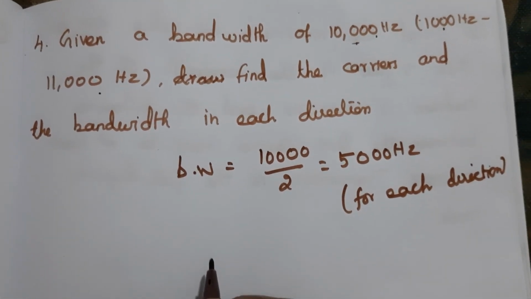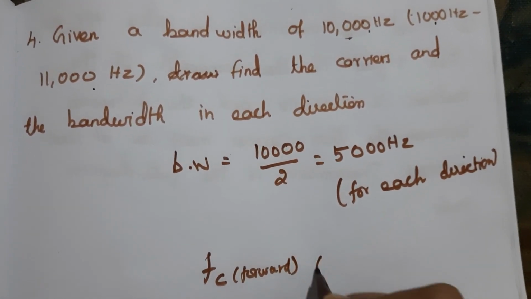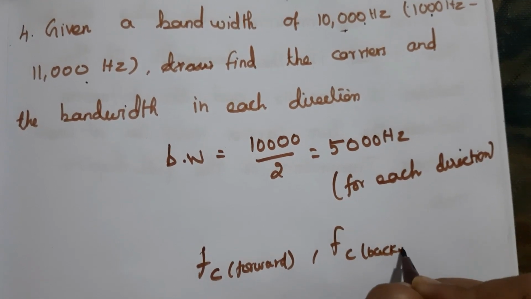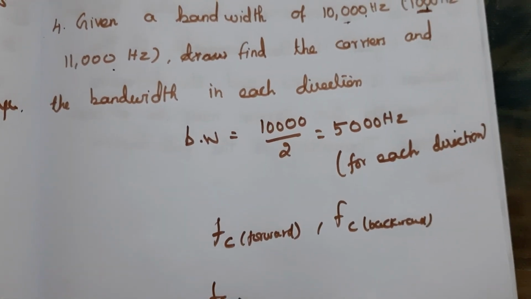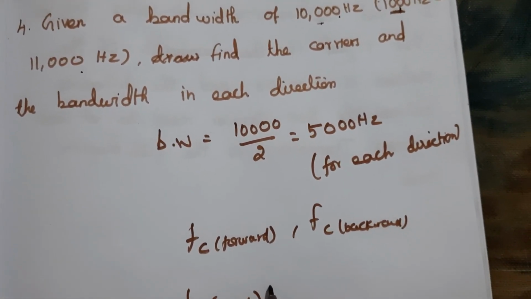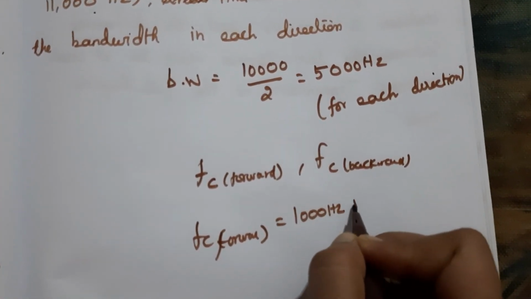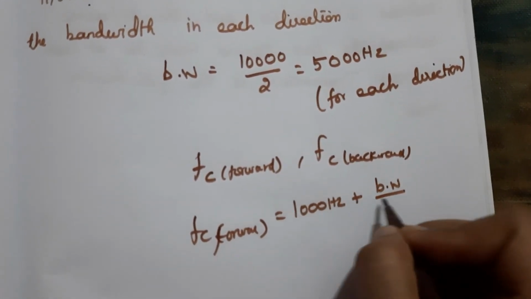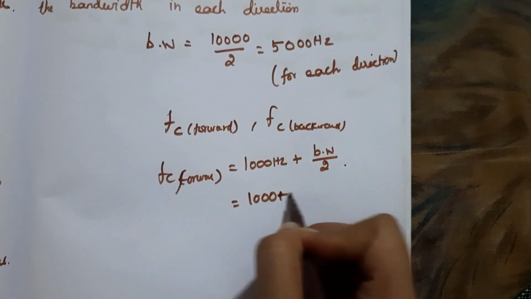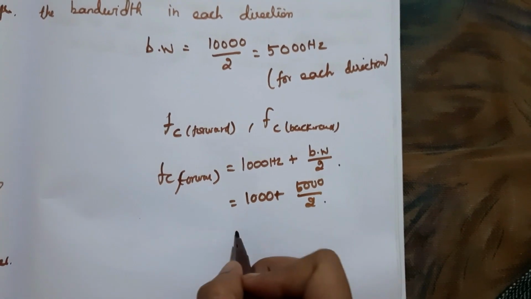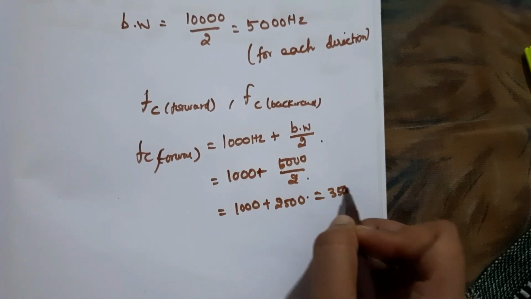And also the carrier frequencies. So we have to find FC forward and also backward. In forward, we have to choose the lower limit. So FC forward is equal to the lower range, 1000 Hz, plus the bandwidth of the forward direction divided by 2. So this is 1000 plus 5000 divided by 2. So we will get 1000 plus 2500, that is equal to 3500 Hz.